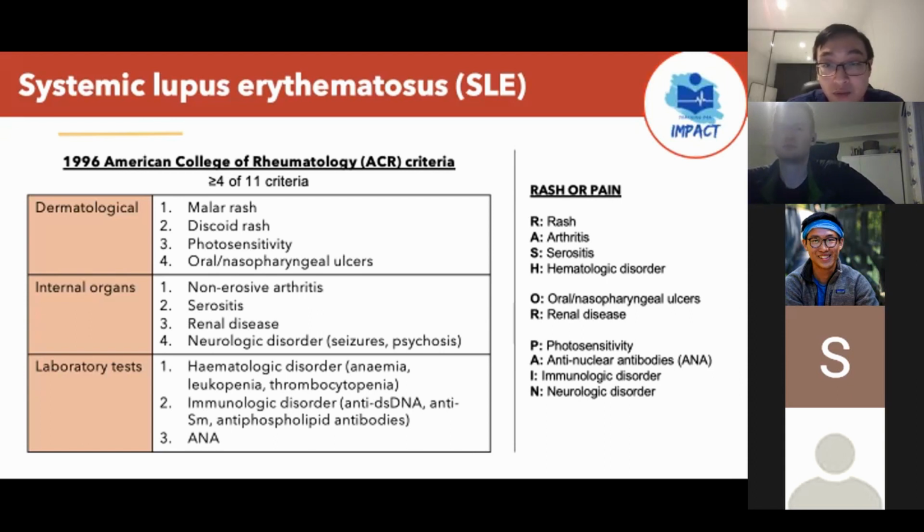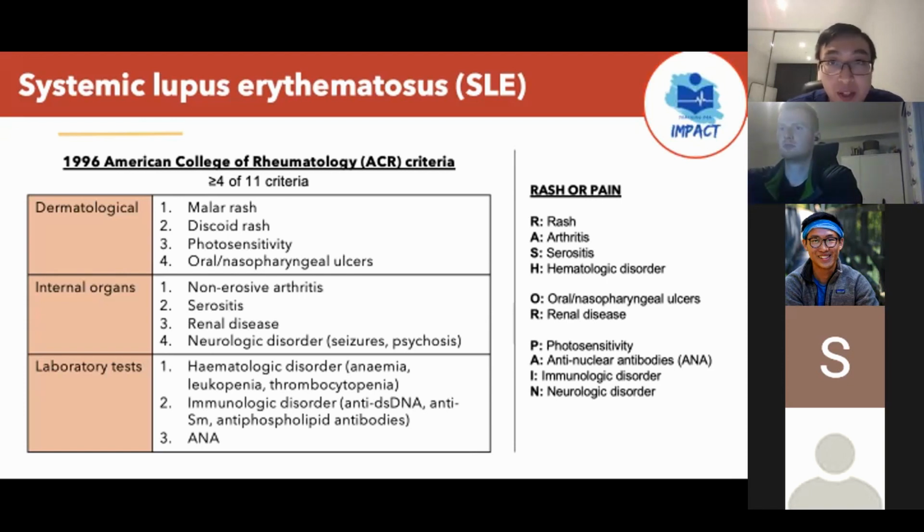So you've taken the history, you've examined the patient, you've ordered the blood tests. The common blood tests can come back in a matter of hours, but things like ANA, ENA, anti-double-stranded DNA usually take a couple of days to come back.